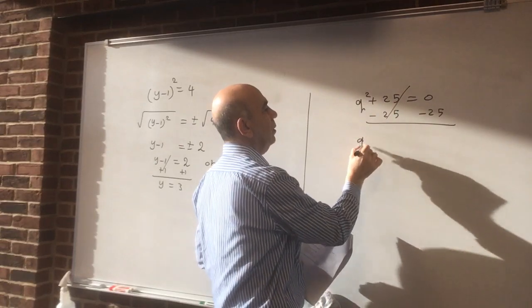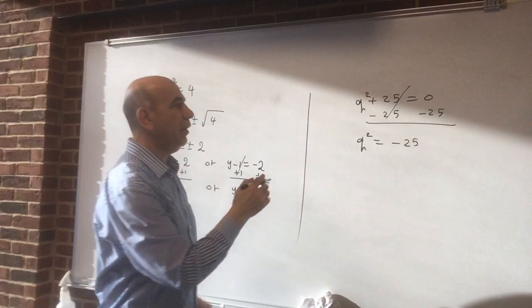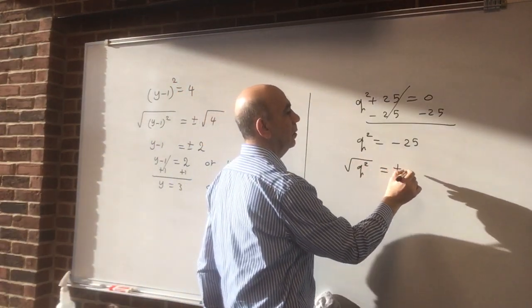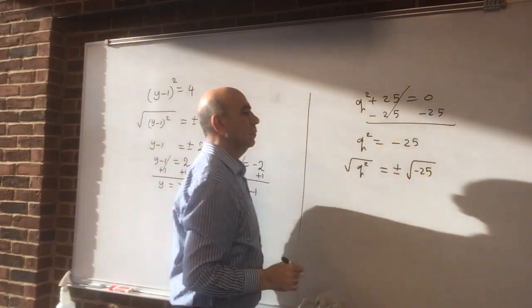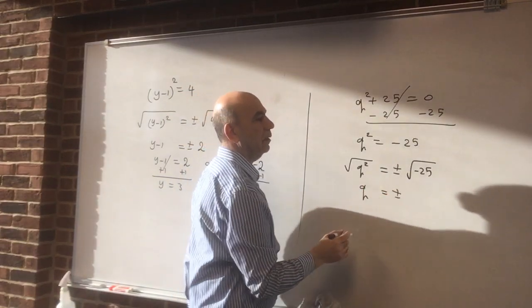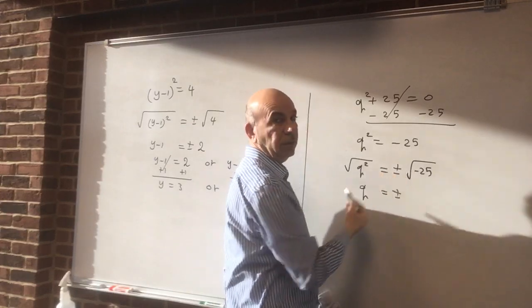So we get q squared equal negative 25. Now take the square root of both sides. Left hand side is equal to q, right hand side is the square root of negative 25. This one is not a real number because we have a negative inside the square root.